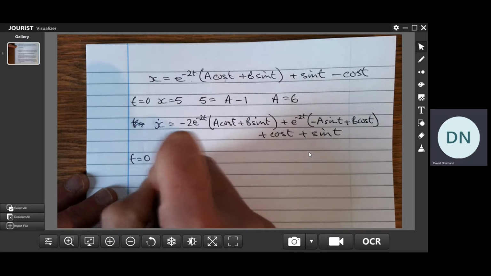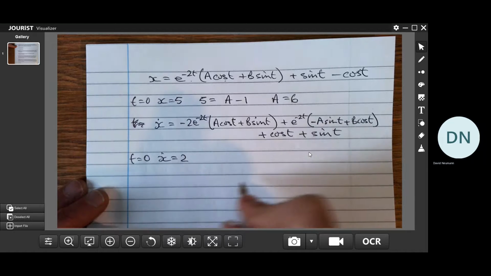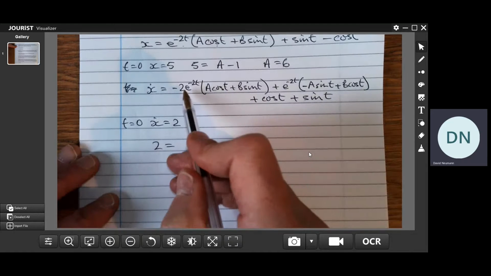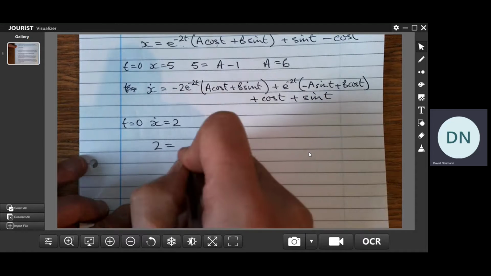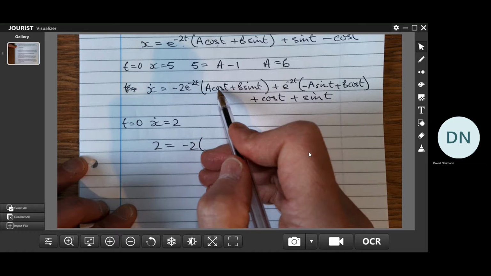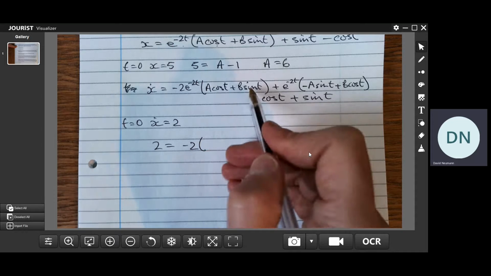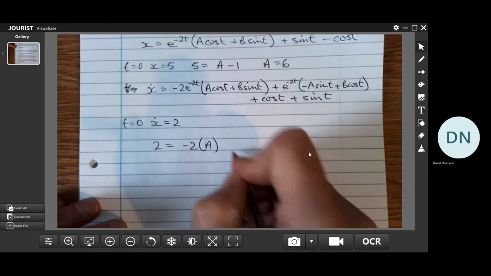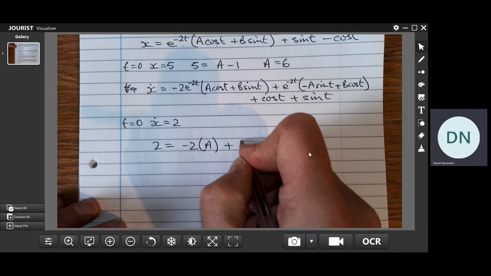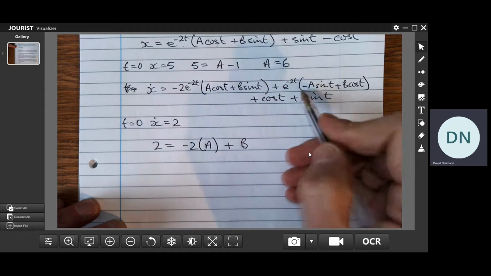t equals 0, x dot equals 2. So 2 is equal to, substitute in here, well, we've got t equals 0, so this is going to be minus 2 times a plus 0, so that's a, plus it's going to be 1 times b, so that's just b from here.